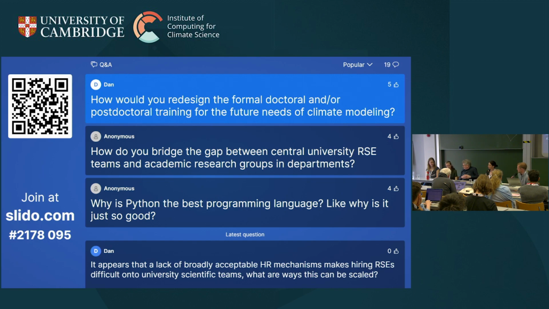Sadie, yes. I was just going to say I completely agree with Kirsty. I'm not actually familiar with the doctoral and postdoctoral training we have at the moment, and I'm on a kind of RSE career track rather than a postdoc track myself. But I think collaboration is one of the key areas.